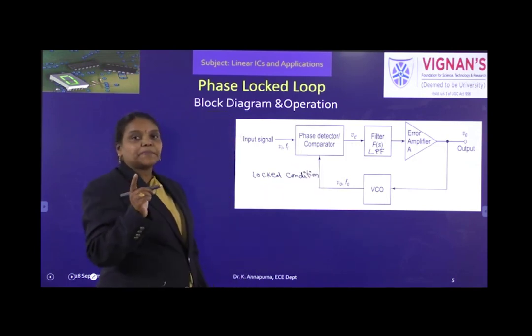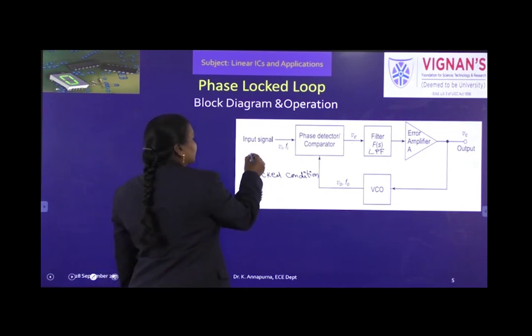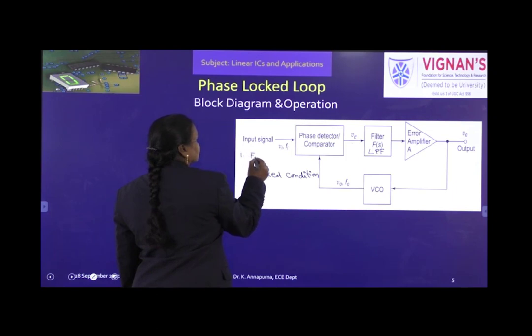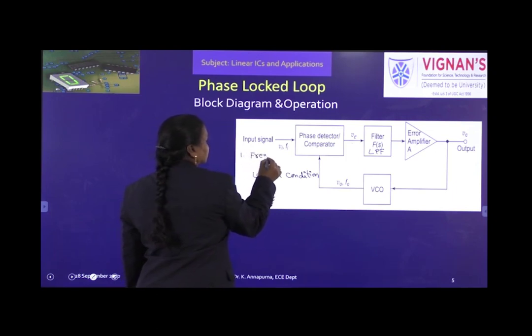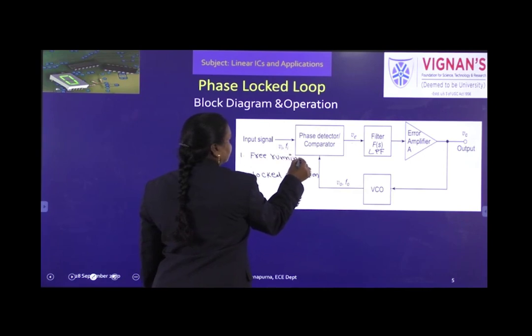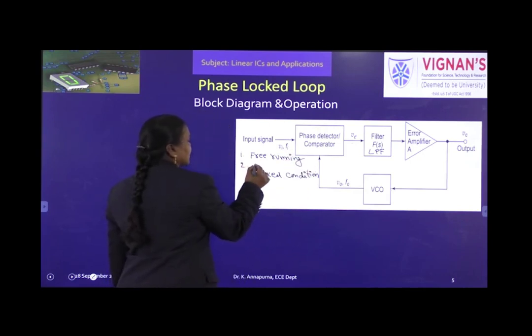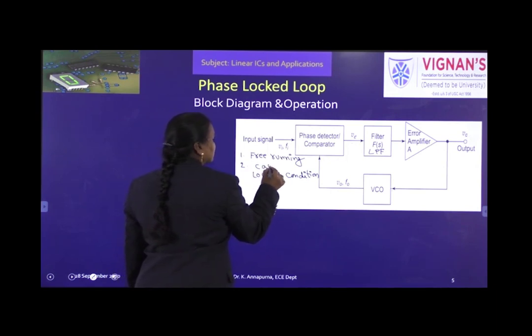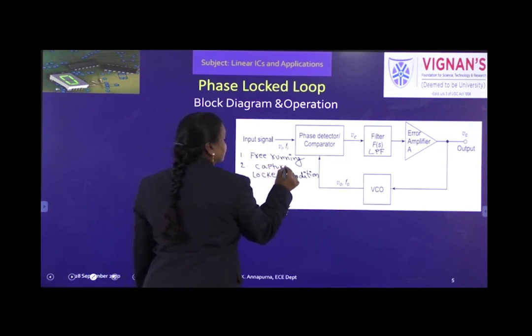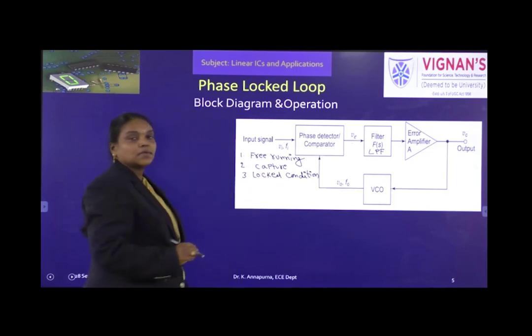Actually in PLL there are 3 regions of operation. First one is free running, second one is capture, and third one is lock.